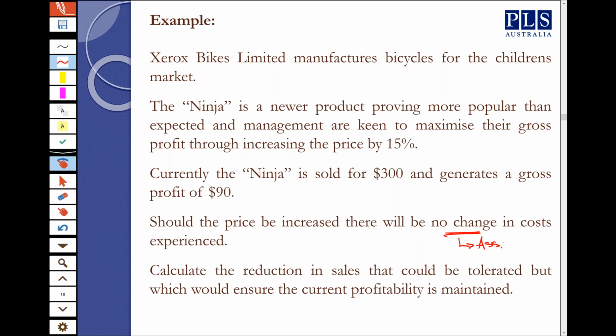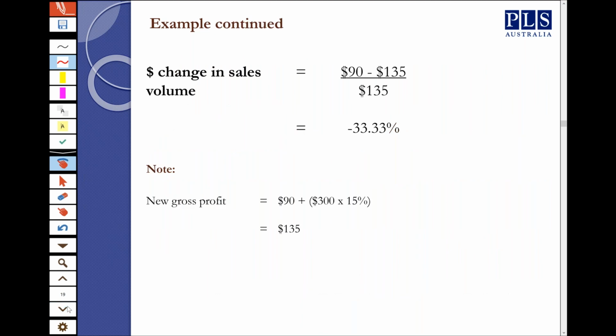You've got to calculate the reduction in sales that could be tolerated, but which would ensure the current profitability is maintained. So note, we currently generate a profit of 90. We're doing an increase in price by 15%. The current price is 300. So my new gross profit would be the 90 plus the 300 by the 15%. That's my price increase, which gets me to 135.